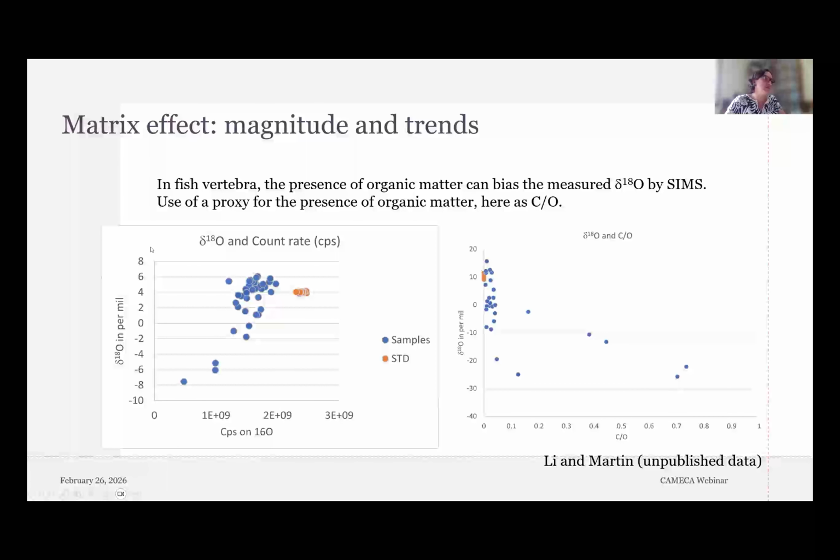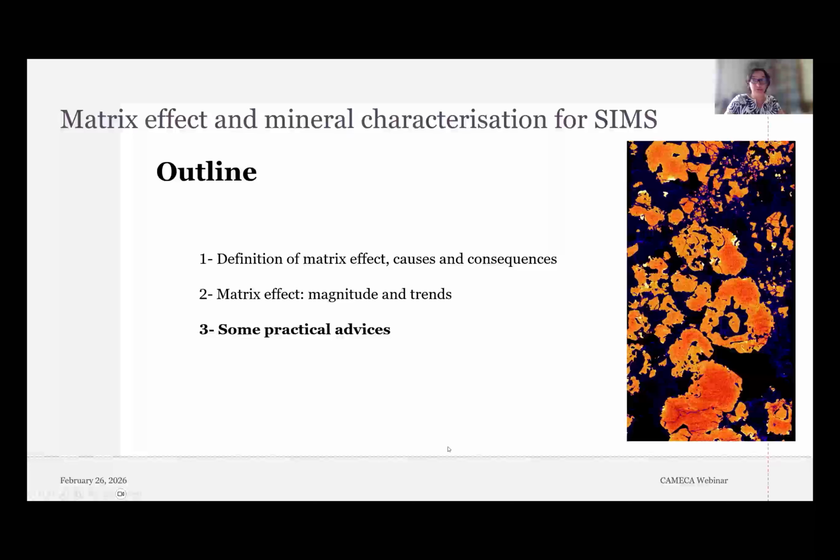And indeed, just plotting the delta 18O versus the count rate of 16O or carbon-oxygen ratio, we can see that there is a strong bias related to the presence of organic matter. We see really the variability compared to our nice apatite standard, which is just a crystalline apatite from a rock. So very different.